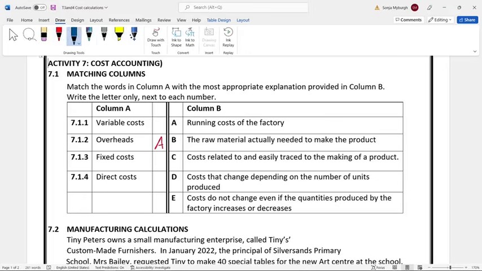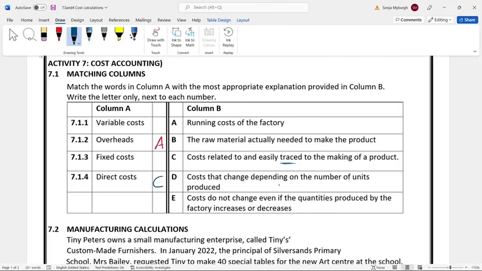The raw material actually needed to make the product, that will be your direct material. Costs related to and easily traced to the making of a product, that will be your direct cost, direct material and direct labor.